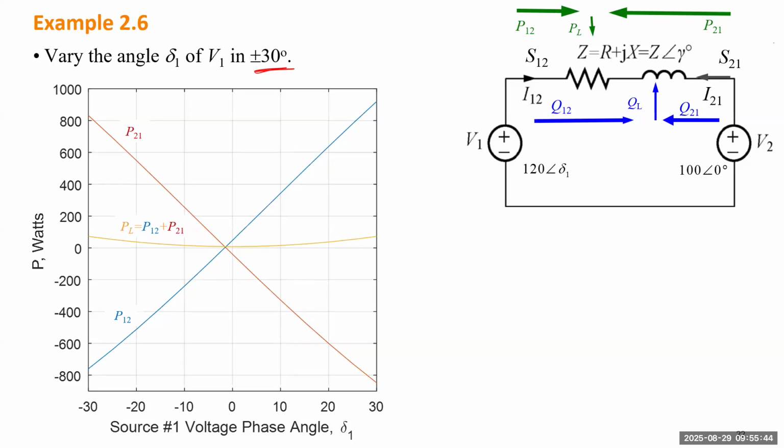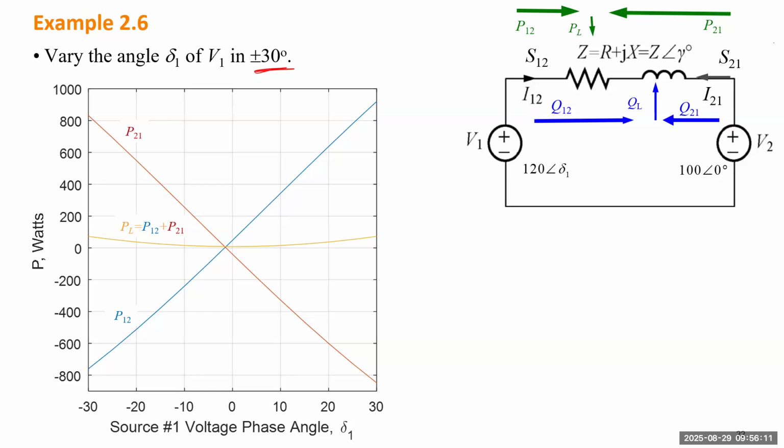So this figure tells us, when the angle varies from negative 30 degrees to 30 degrees, the P12 is the active power from bus 1. It starts from a negative value and increases to a positive value. When delta 1 is higher than the angle on bus 2, the active power will become positive.